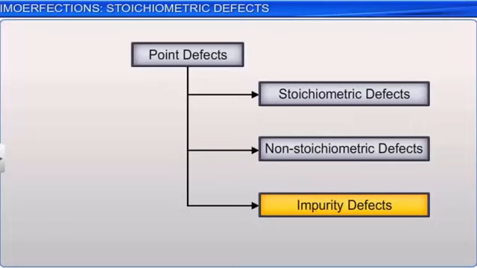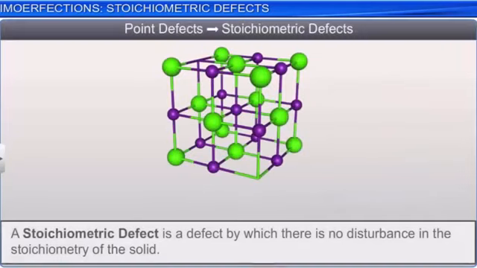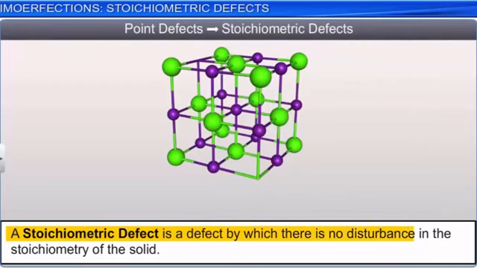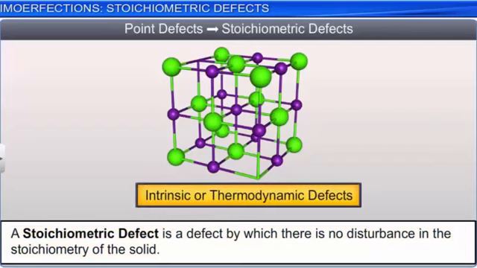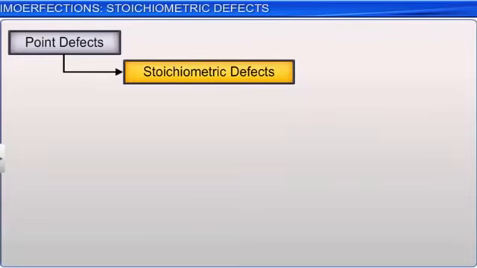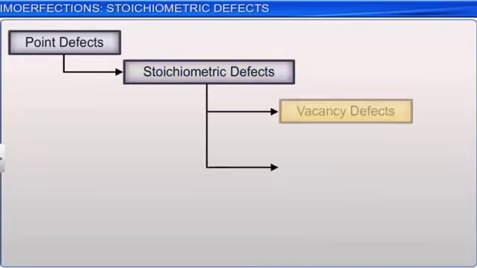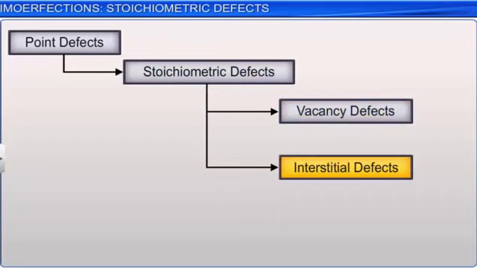Let's first learn about stoichiometric defects. A stoichiometric defect is a defect by which there is no disturbance in the stoichiometry of the solid. These are also called intrinsic or thermodynamic defects. Stoichiometric defects are further classified into vacancy defects and interstitial defects.